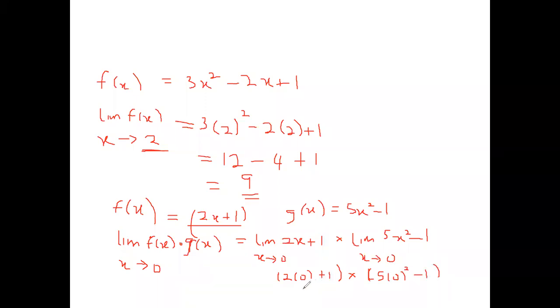So 2 times 0 plus 1 will be 1, times 5 times 0 squared, which is 0, minus 1, will be minus 1. So when we multiply, the product of the functions will be equal to minus 1.